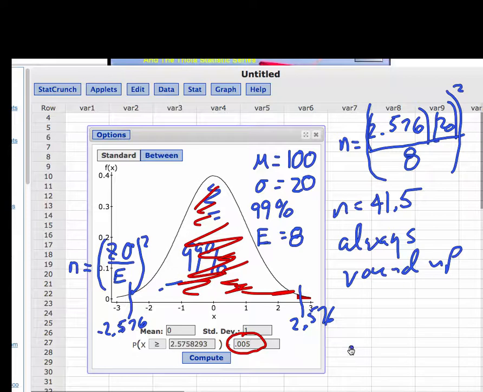When we're estimating an adequate sample size, we always round up, so that we don't compromise precision or confidence. So the adequate sample size for doing this is going to be 42.